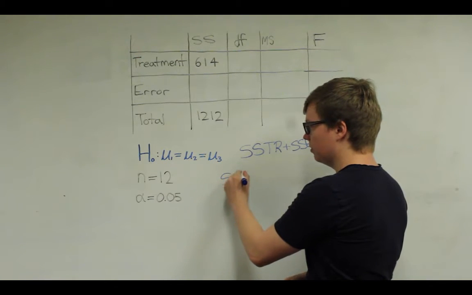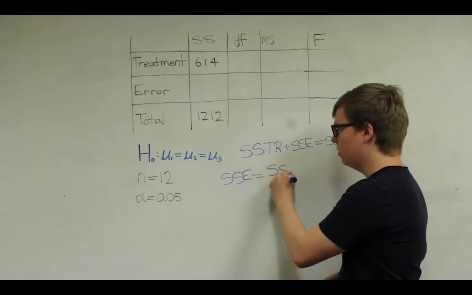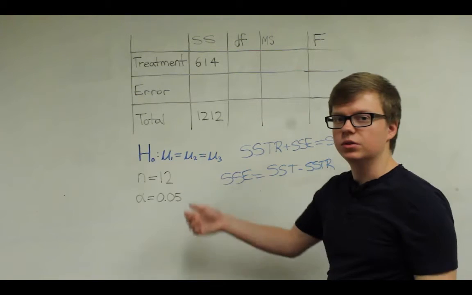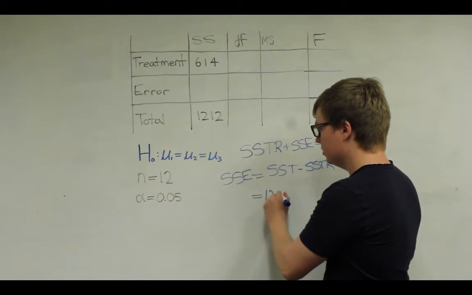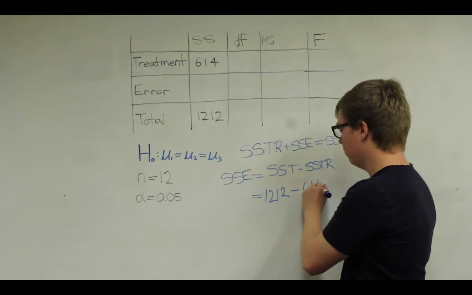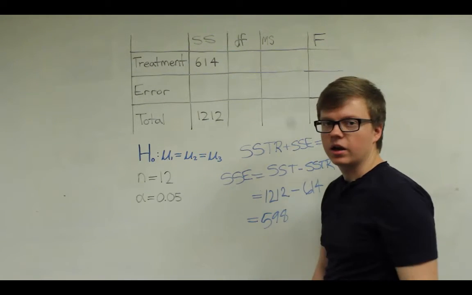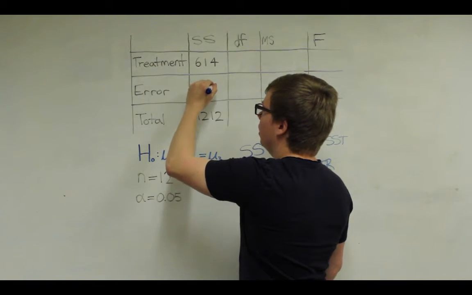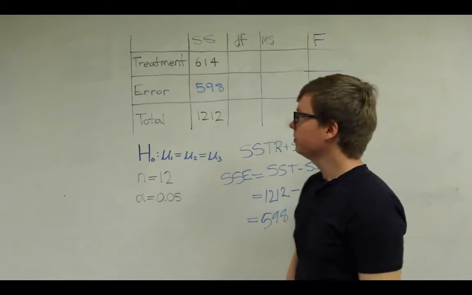We get that the sum of squares due to error is the sum of squares total minus the sum of squares due to treatment. Now if we plug in the numbers, we get 1,212 minus 614, and that will give us 598 for our sum of squares due to error.